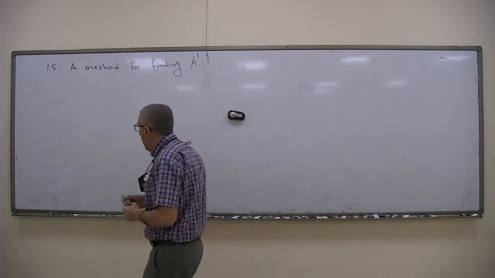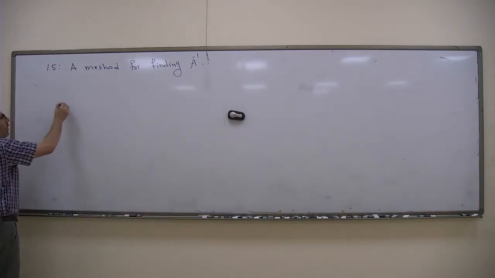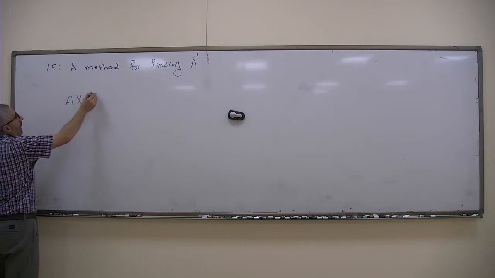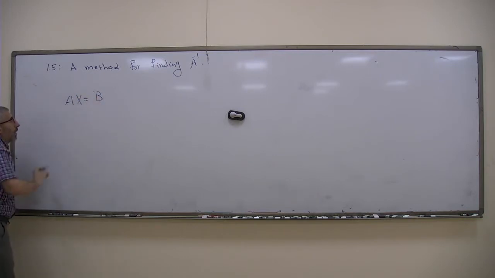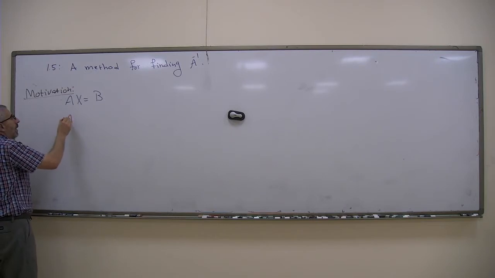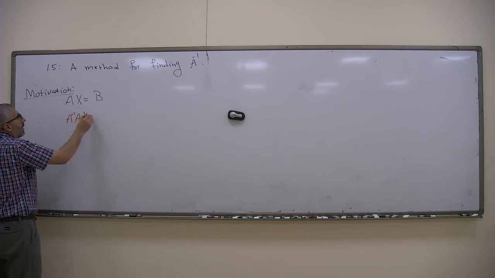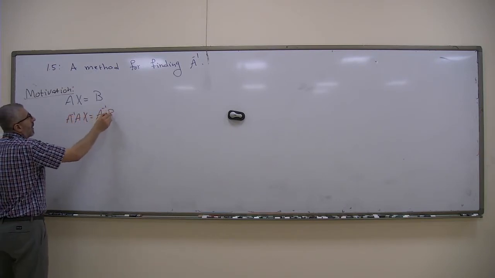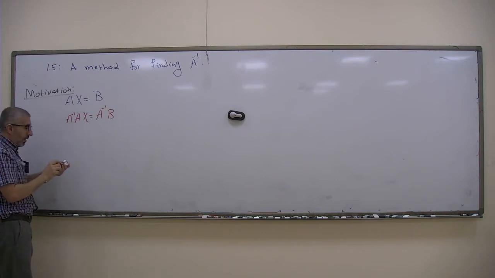And remember, for linear systems, we can write them in matrix form as AX equals B. So here you can think about motivation. If you have a linear system and you know that this matrix is invertible, then you can say A inverse AX equals A inverse B, and A inverse times A is the identity.